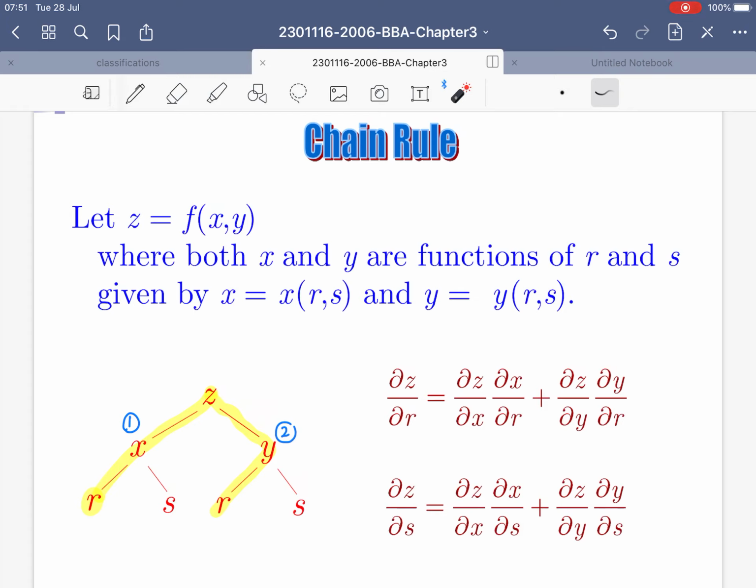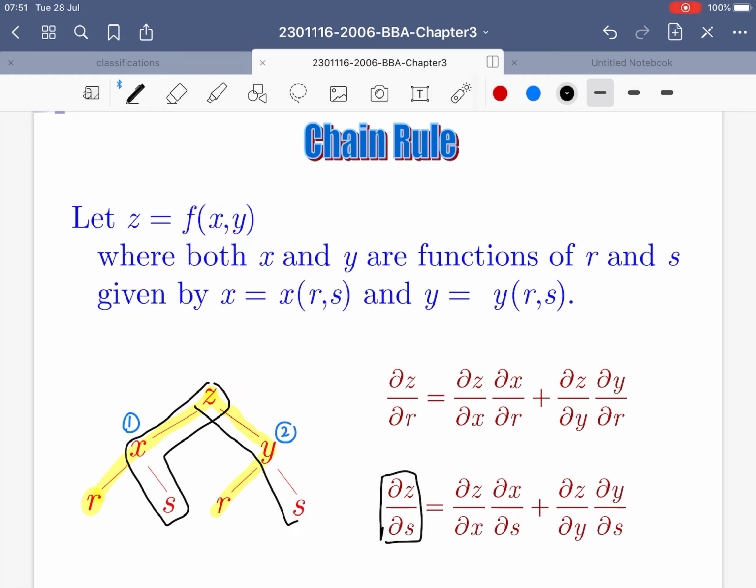All right, now if you look at it the other way around, if you need to find dz by ds, it is the same idea: you have two possibilities to reach the s. One is through the x and the second is through the y. So you can use your chain rule, dz by dx followed by dx by ds.